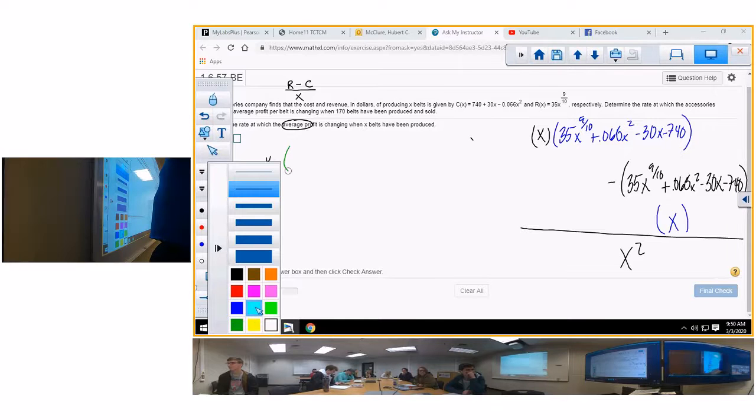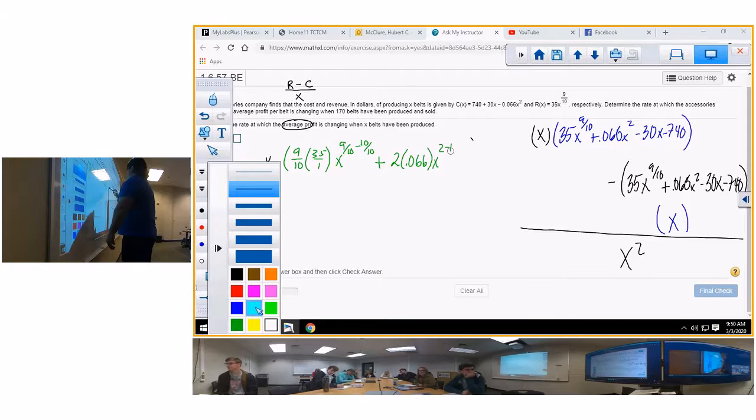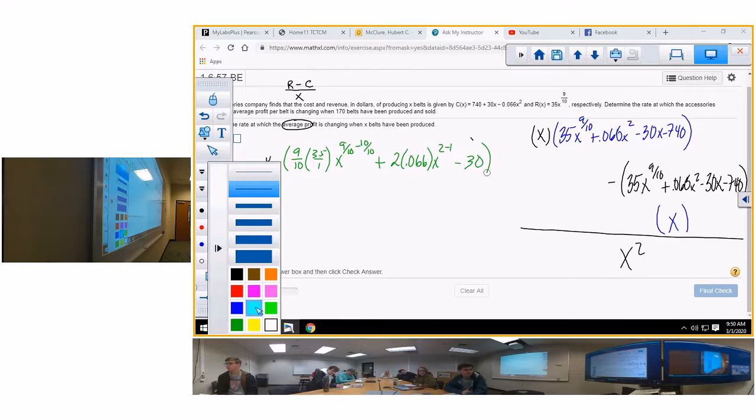And that's going to be 9/10 times 35 over 1, x to the 9/10 minus 10/10, plus 2 times 0.066x to the 2 minus 1, minus 30. Y'all check me and make sure that's the derivative.